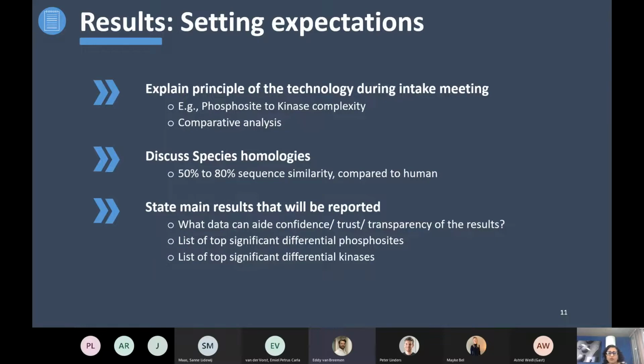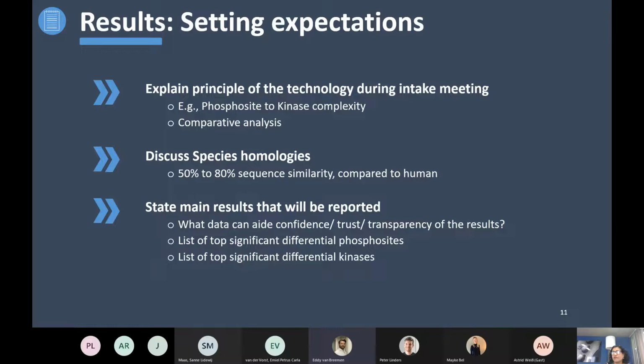And of course, species homologies, because sometimes if you use other species, you may or may not see as many signals, depending on what kind of model it is. Generally for mouse and rat, we still see pretty good signals, but it could be lower than the human on which it's based. And what are the main results that you're going to report? What kind of data can increase the confidence, trust or transparency of the result?